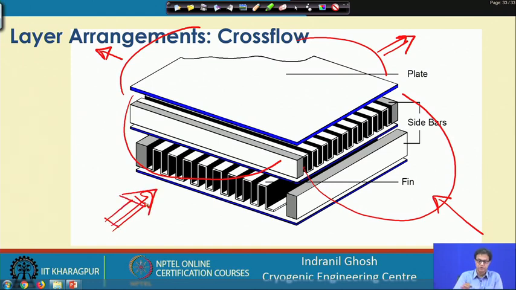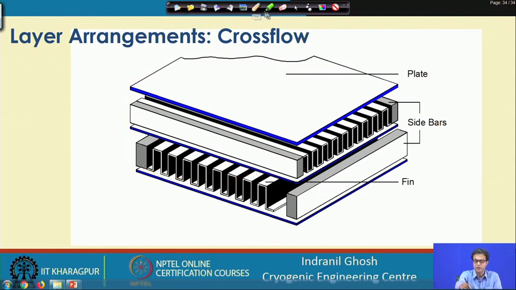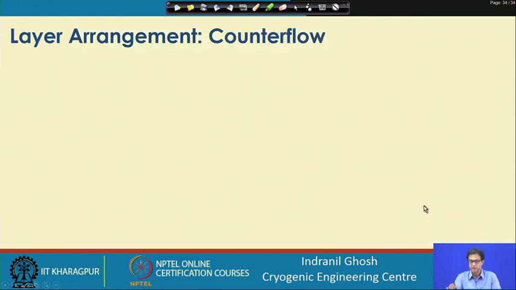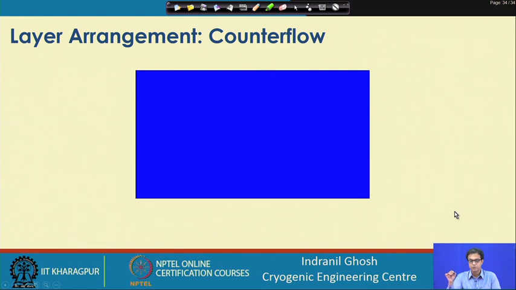So, this is possible in a cross flow exchanger, but in case of a counter current exchanger, this geometry is a bit different. So, what we do in a counter current exchanger, we first put, imagine this is the cap sheet of one end, and this is blue in color.